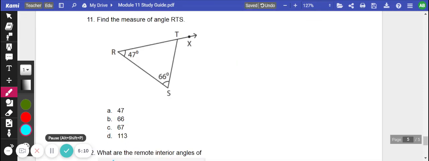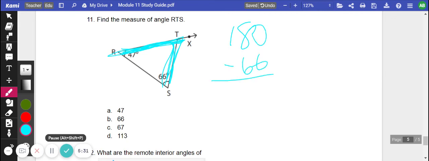Okay, find the measure of angle RTS. So RTS. Okay, since that's asking for the inside of the triangle, we're going to subtract 66 from 180. And this will get us 104.